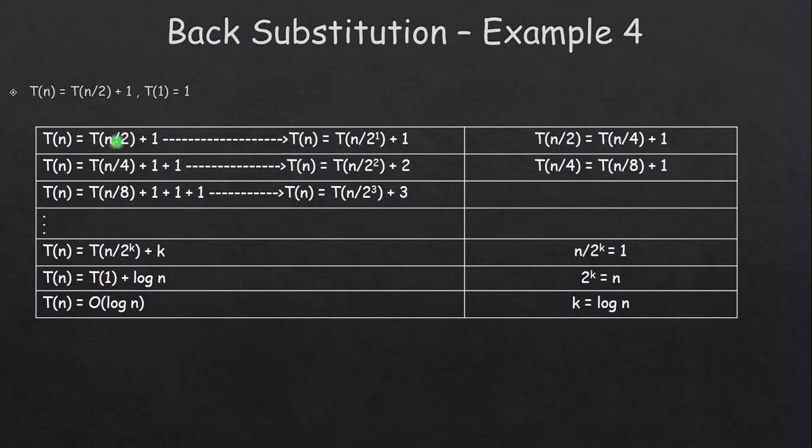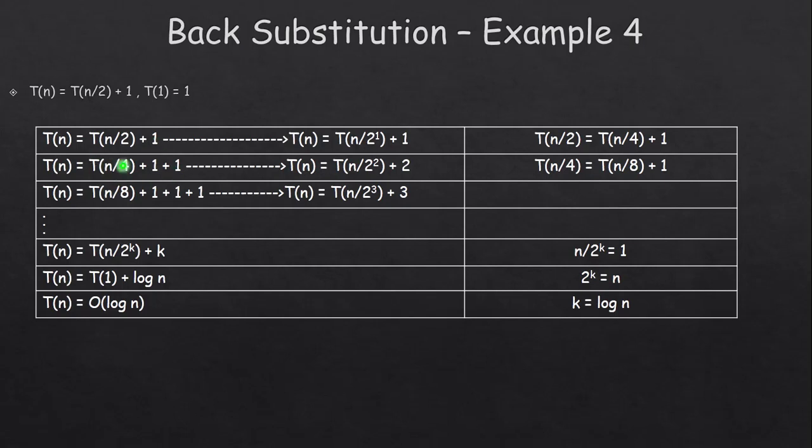So I am rewriting this expression, T of n equal to T of n by 2 plus 1. I am going to find T of n by 2. How will I find T of n by 2? I am just substituting n by 2 in the given equation. That is T of n by 2 equal to T of n by 2 by 2, that is T of n by 4 plus 1. So I am substituting this back here: T of n equal to T of n by 4 plus 1 plus 1.